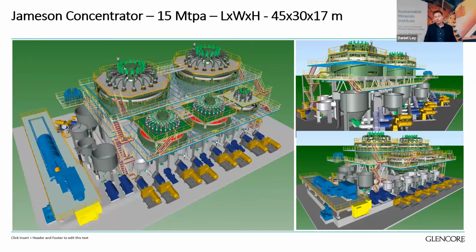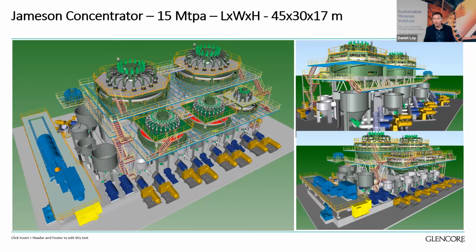And this is an example of the type of circuit that we would end up with. This example uses our largest B10500 cell with 16 downcomers and is able to process 15 megatons per annum. As you can see, the larger rougher scavenger cells are at the back, with the smaller cleaner cells in the front.